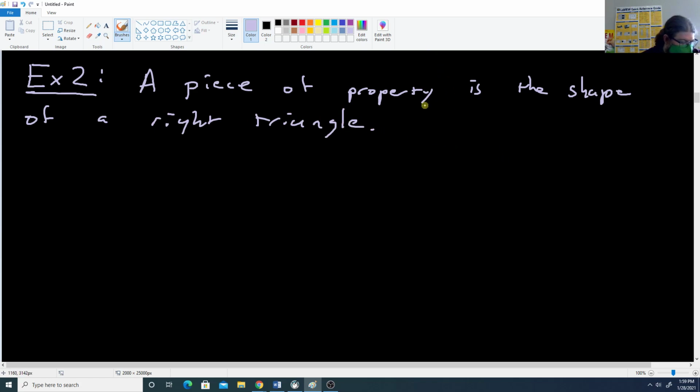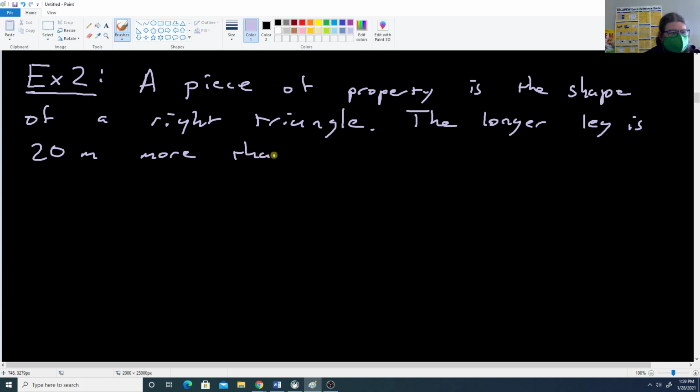We get the longer leg is 20 meters longer than twice the shorter leg. So the longer leg is 20 meters more than twice the length of the shorter leg.